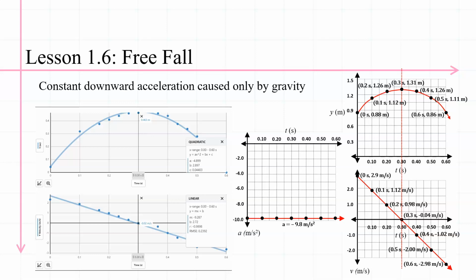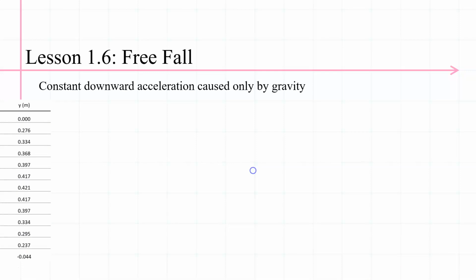That's a significant point on the position time graph as well. That's the maximum of the parabola, because at that point his velocity is 0, and then it begins to decrease. Notice that that 0 velocity point is at the same time as the maximum of the parabola. That's an important relationship for you to realize.